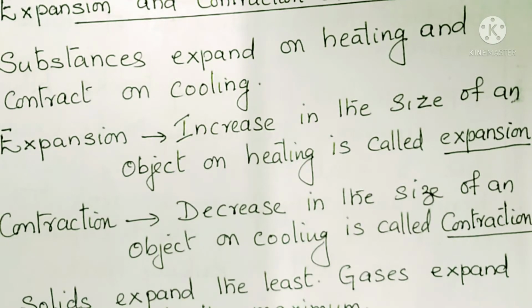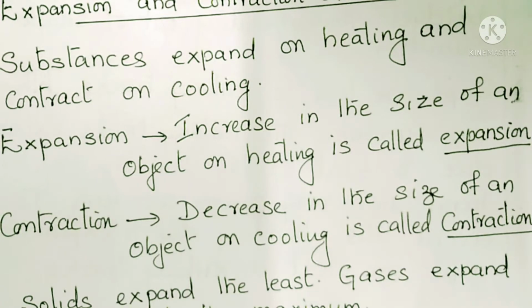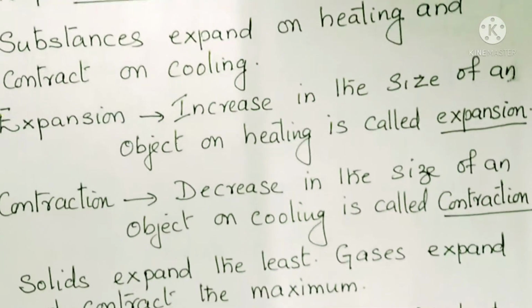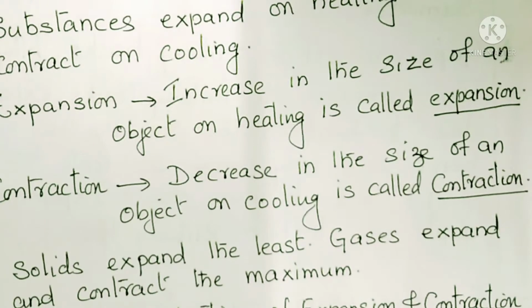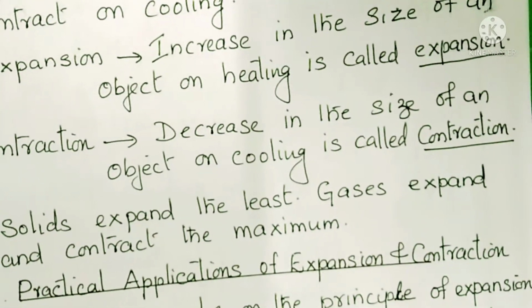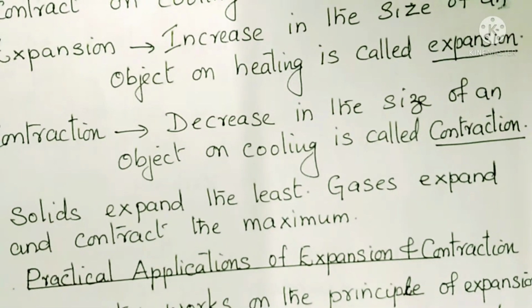Similarly, what is contraction? It is the opposite of expansion. That is, some objects decrease their size when you keep them for cooling. That is called contraction. So contraction is the decrease in the size of an object when it is cooled.